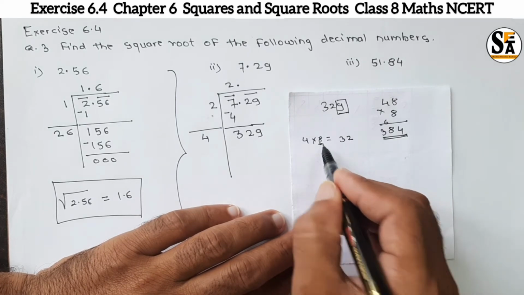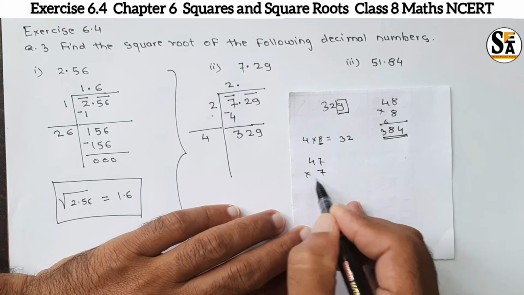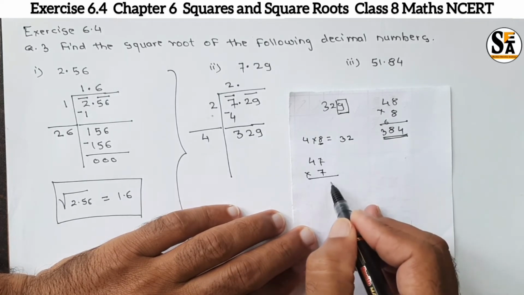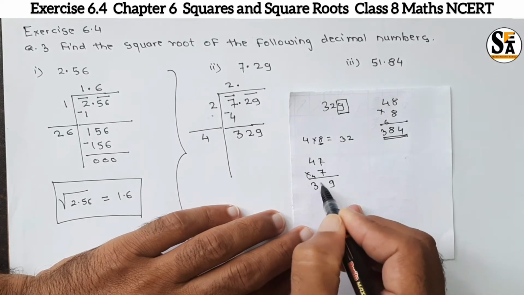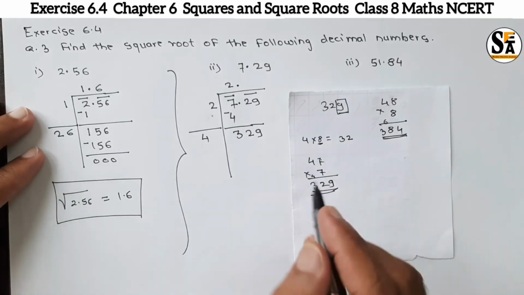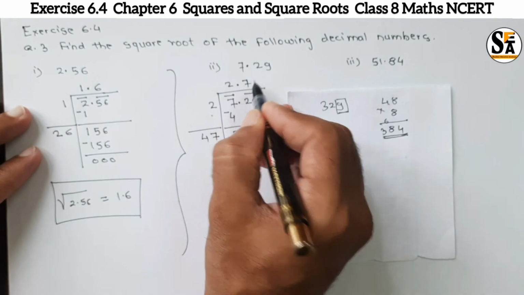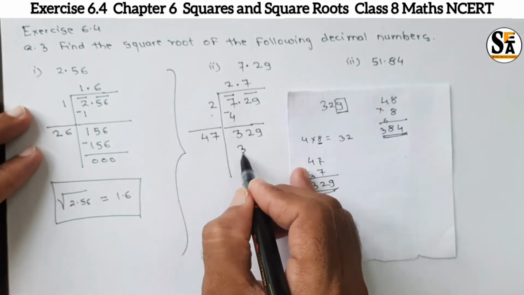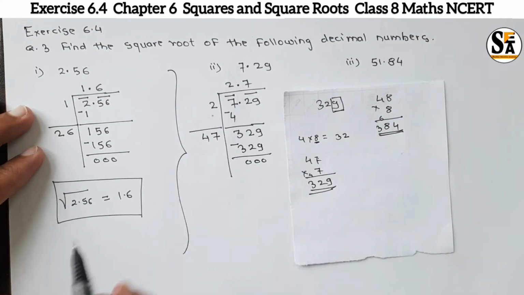So try with 7. 47 into 7. 7 sevens are 49 and 7 fours are 28. 28 plus 4 is 32. We are getting 329, which we require. So put 7 here and 7 here also. Take the multiplication, we get 329. Take subtraction, 0 0 0.